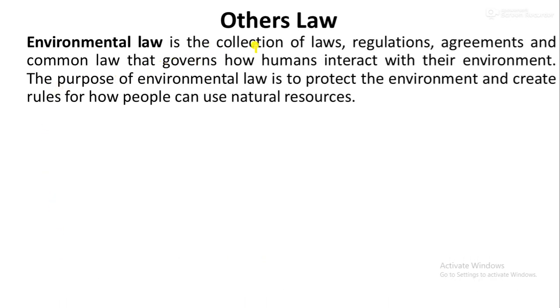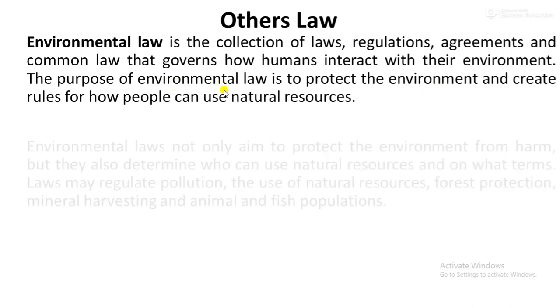Other laws, look at it. Environmental law is a collection of laws, regulations, agreements, and common law that governs how humans interact with the environment. What type of relationship do humans have with the environment? The purpose of environmental law is to protect the environment and create rules for how people can use natural resources.